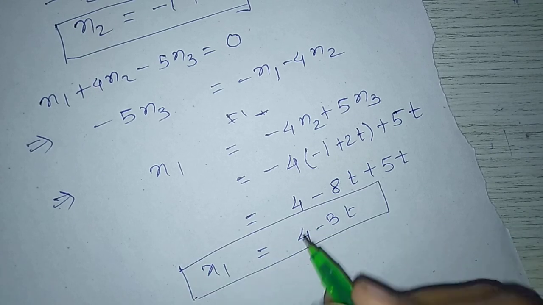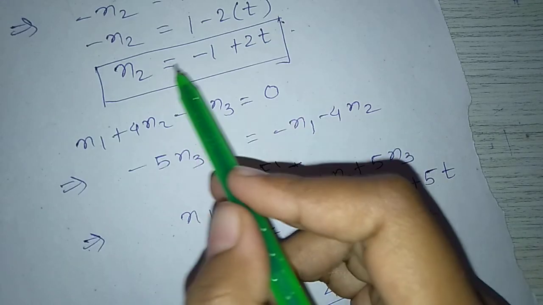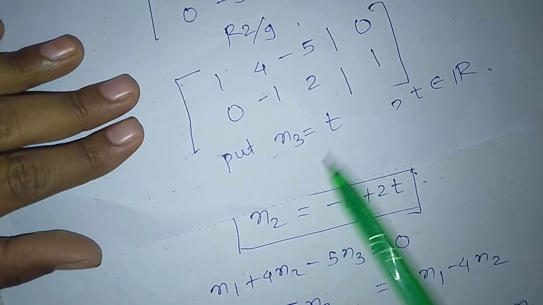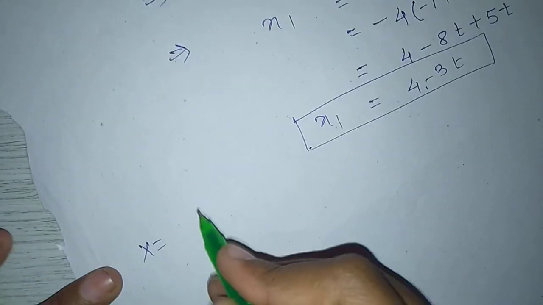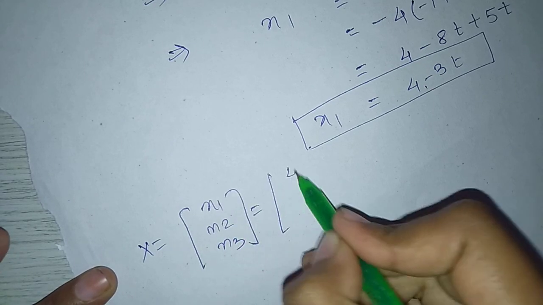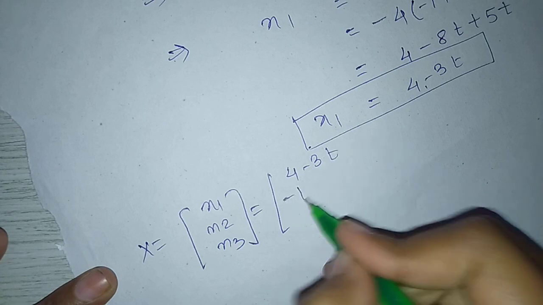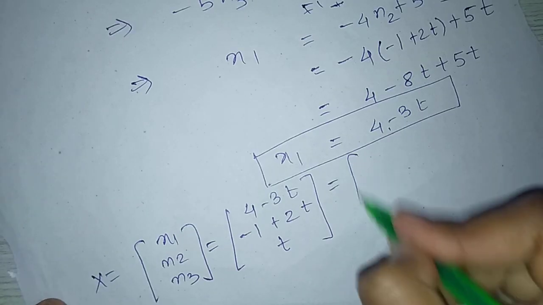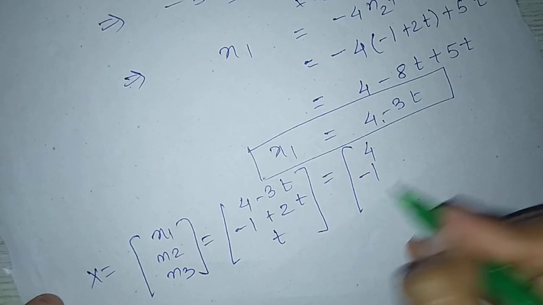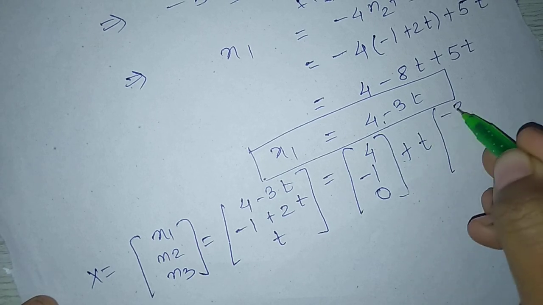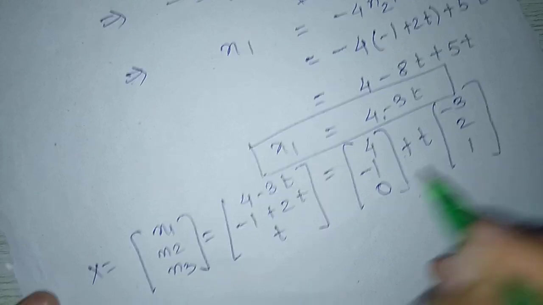So we get x1 equal to 4 minus 3t, x2 equal to minus 1 plus 2t, and x3 is t. So the solution vector x equal to (x1, x2, x3), which is equal to (4, minus 1, 0) plus t times (minus 3, 2, 1).